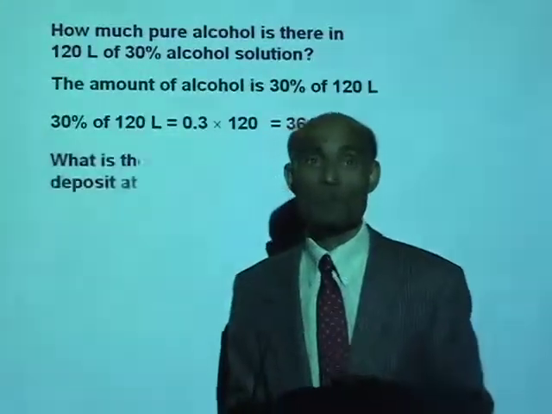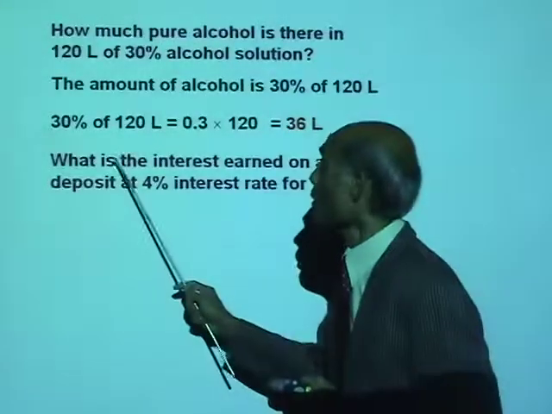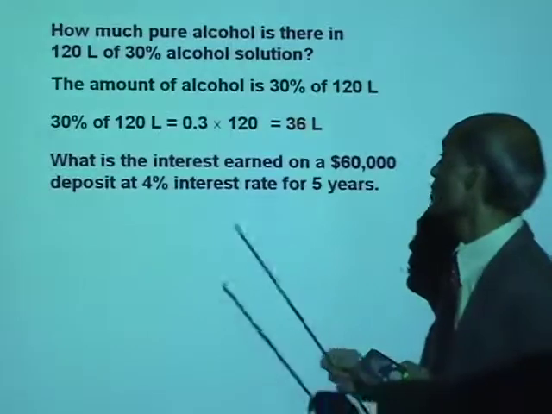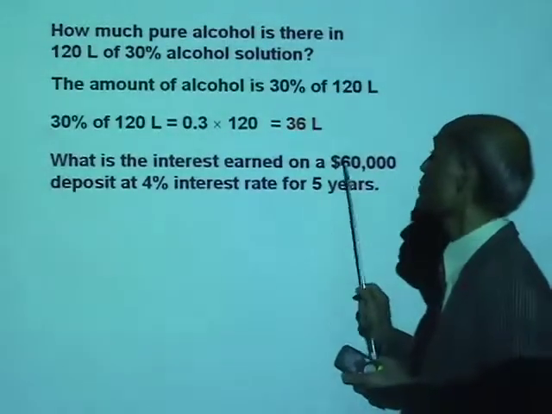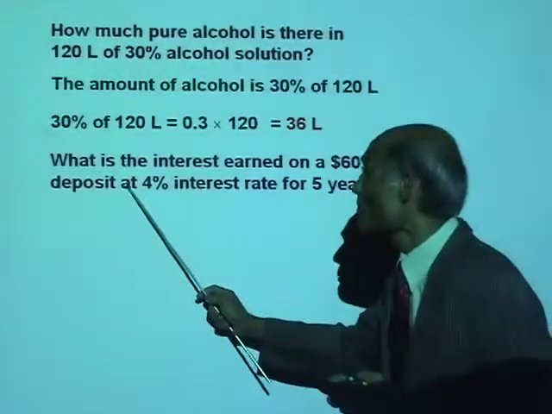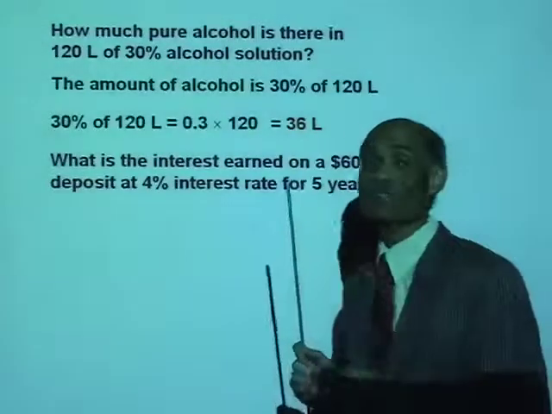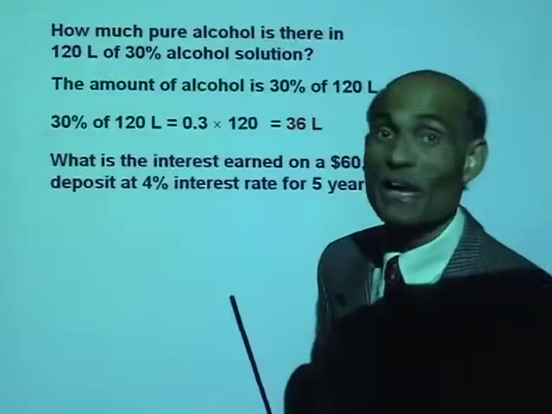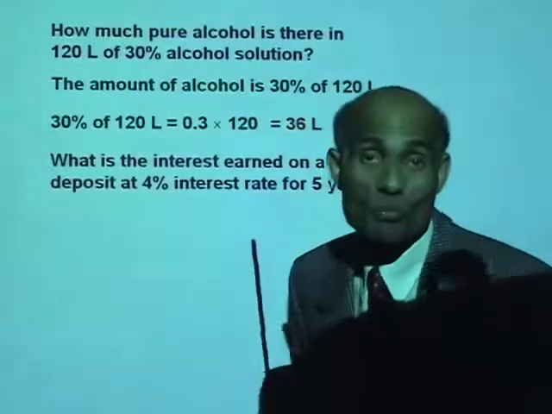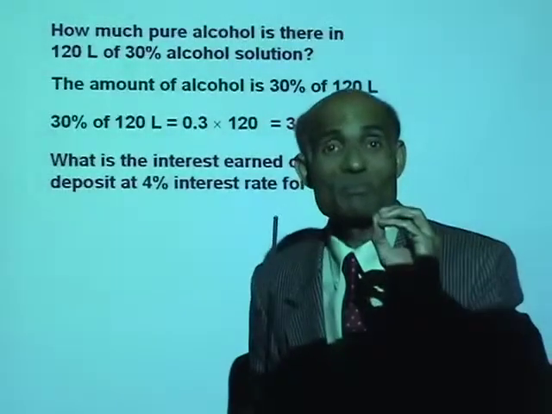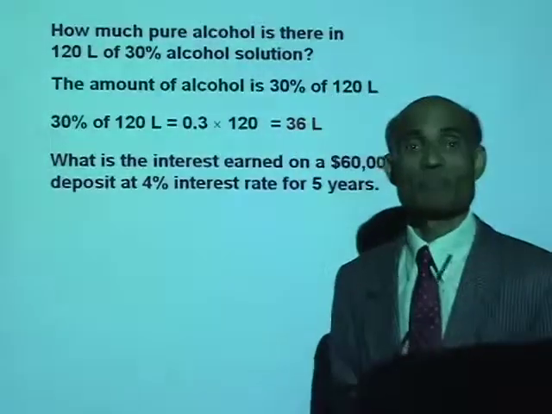Okay? Alright, another one. What is the interest earned on $60,000 at 4% interest rate for 5 years? Now again, every time you have a problem, you need to understand the problem. What does this problem mean?